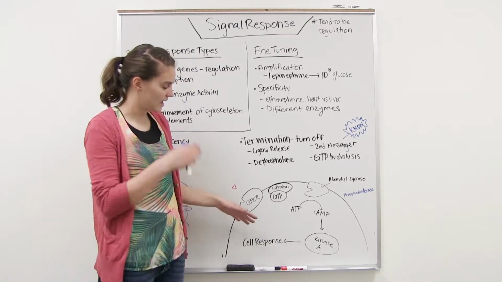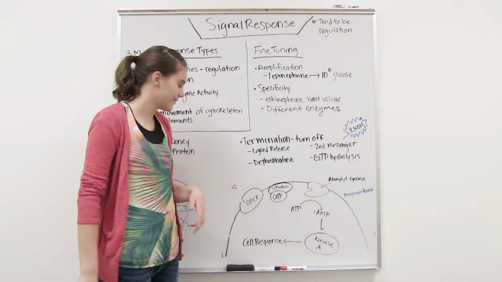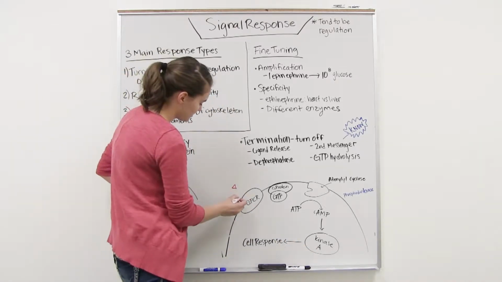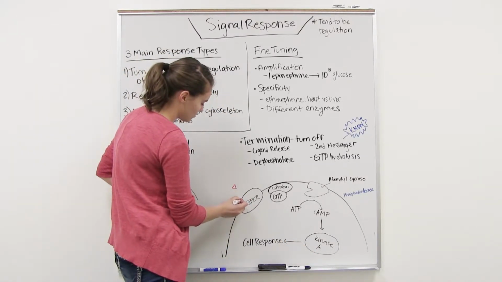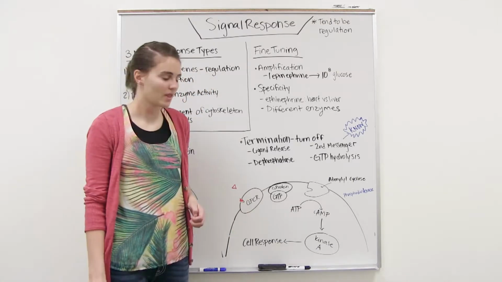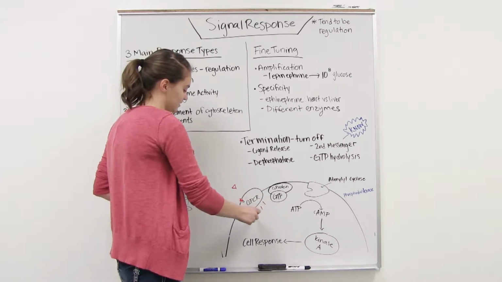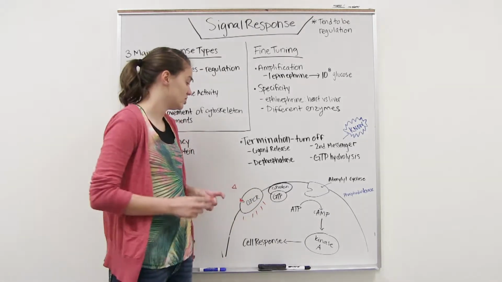So we're going to use the cyclic AMP pathway, and what will happen is we have our signal molecule bind to our signal receptor, our GPCR, and that is going to in turn lead to the activation, because this is not activated, of the G protein.